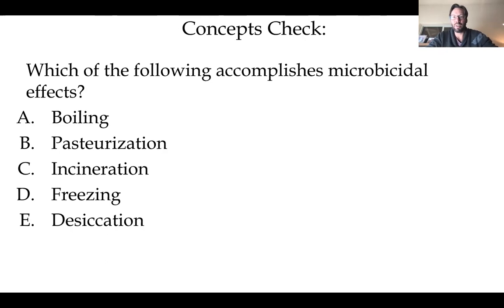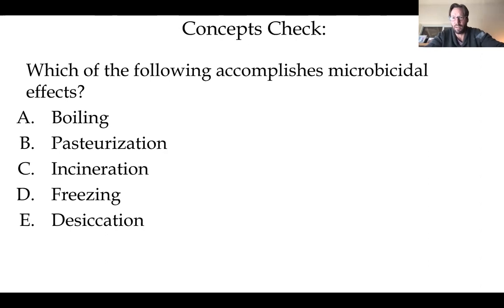Remember, if you decrease the temperature, then you decrease the ability of that bacterial cell, for instance, to divide. Same with desiccation, right? If you dry up something, you're going to prevent it from continuing to undergo cellular division. But that's not necessarily going to kill anything. It's just going to keep it at bay. Whereas boiling will kill.